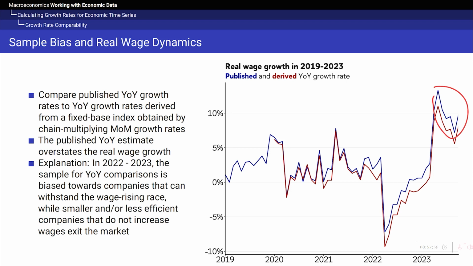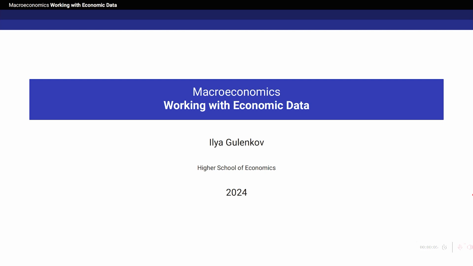This doesn't actually mean that the Rosstat year-over-year growth rate series is wrong. This just means that it has to be interpreted with care, considering the methodology that is behind it. This is basically the main message of this lecture. Today, you have seen how various economic indicators are derived and what they can actually mean.